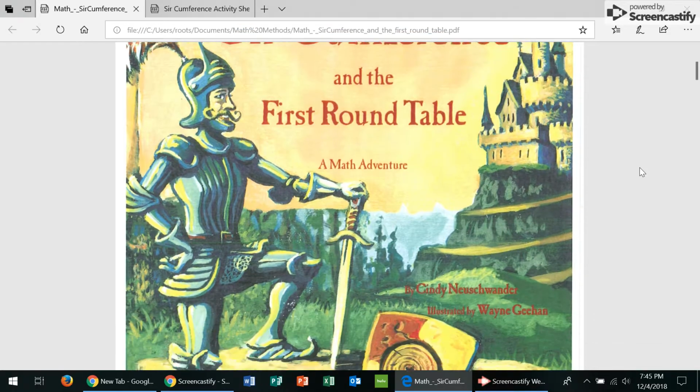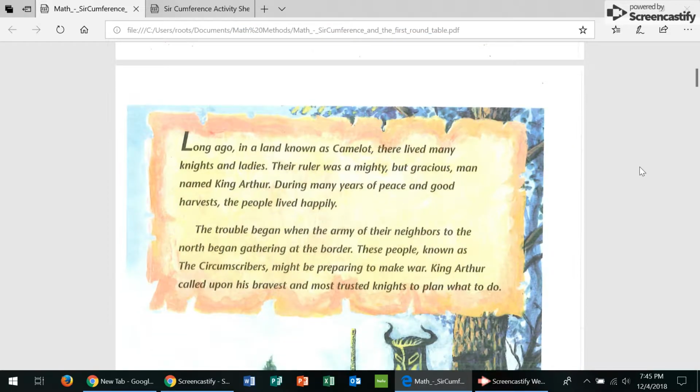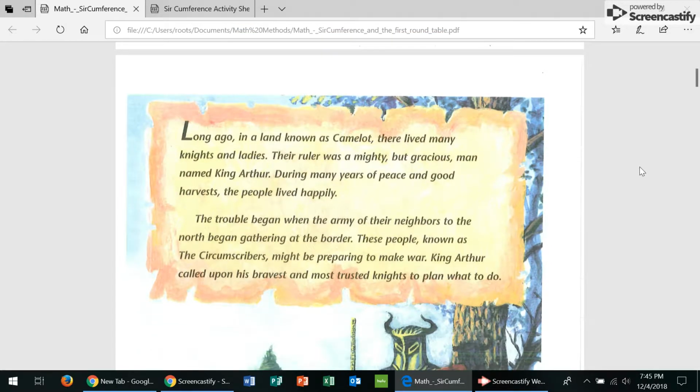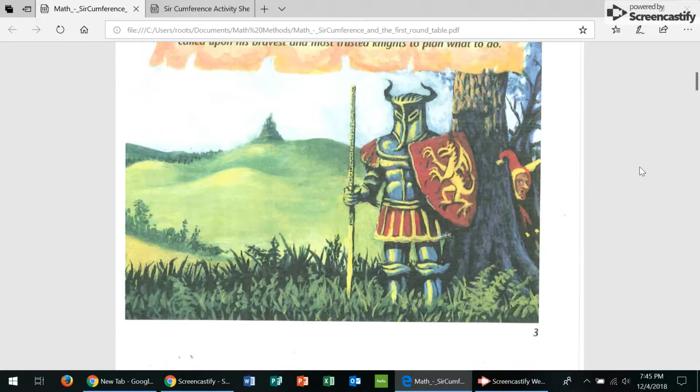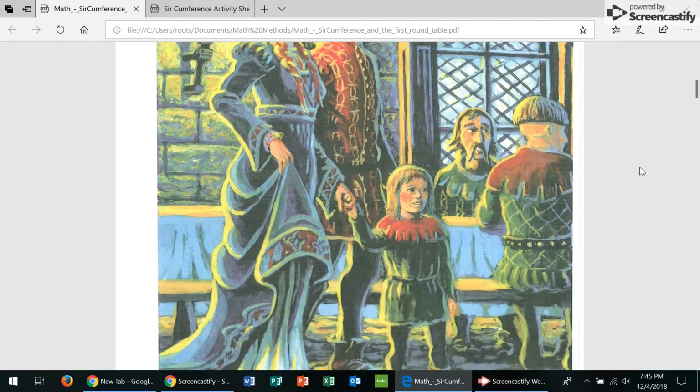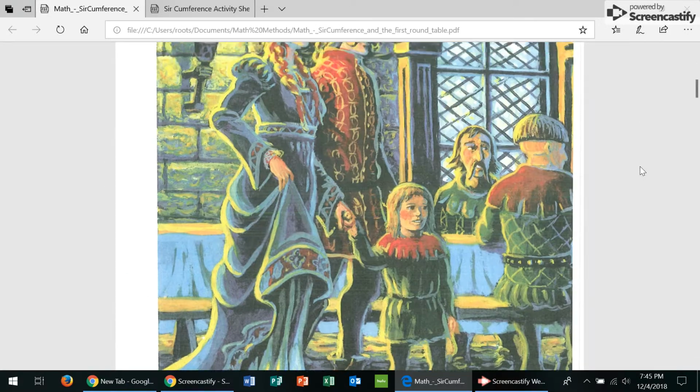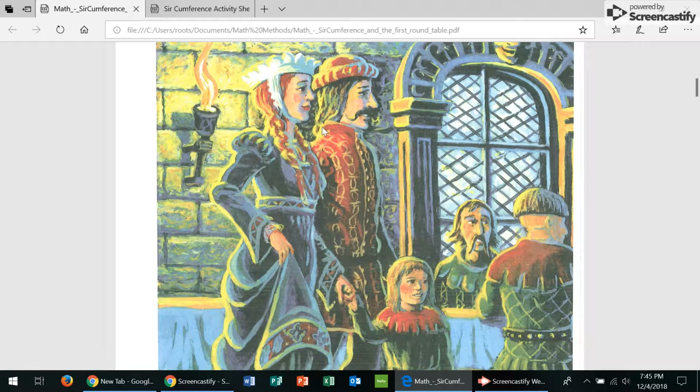In this particular story, this talks about King Arthur and his knights, and one of his knights is Circumference, who is married to Lady Di from Ameter, and they have one son named Radius.